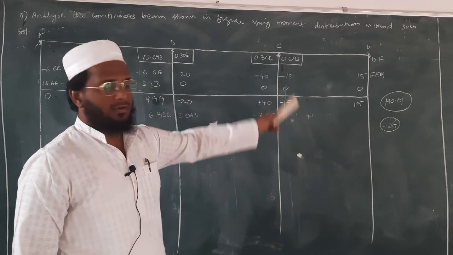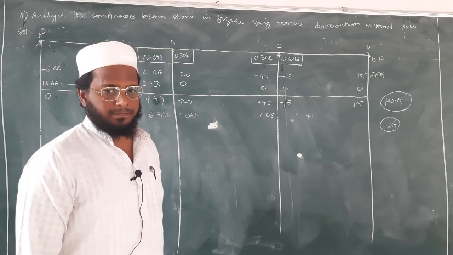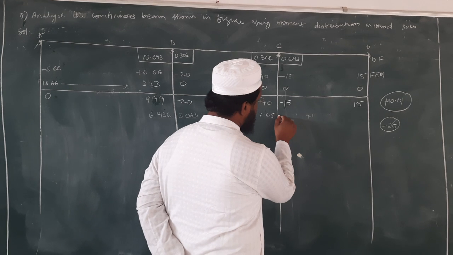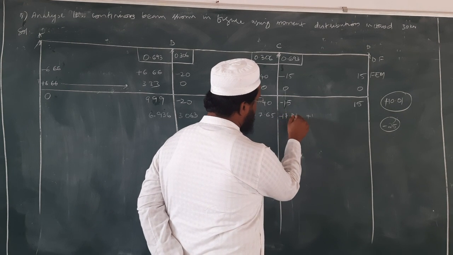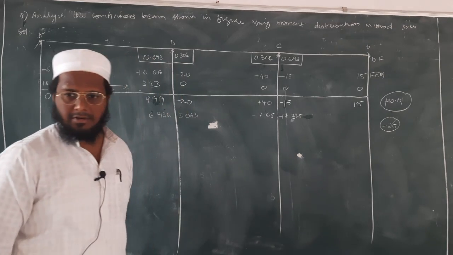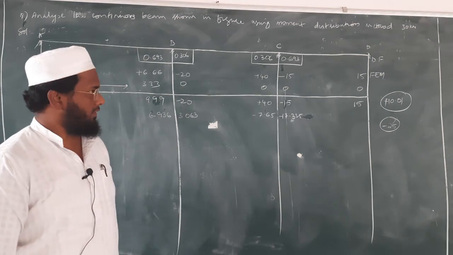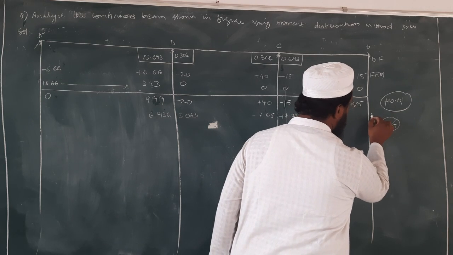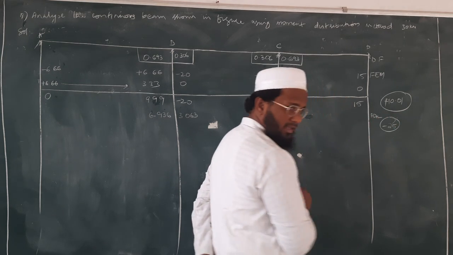Minus 25 into 0.693, minus 17.325. Okay, till here any doubts? No doubts. Okay, so what we have done here, we have balanced this equation, right? Balanced this one. So I'll write here balancing.